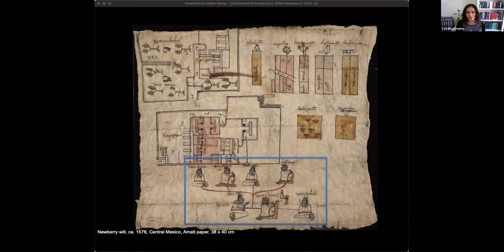And this new information is probably what explains the need to draw this other document. As you could probably see from the images, the quality of the paper is quite different. The Paris will was drawn on European paper, whereas this one at the Ayer collection was made on metal.